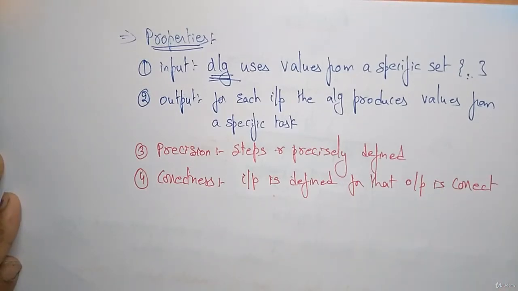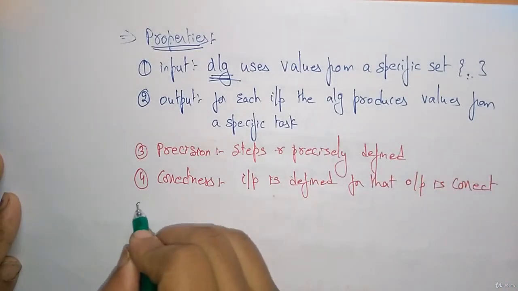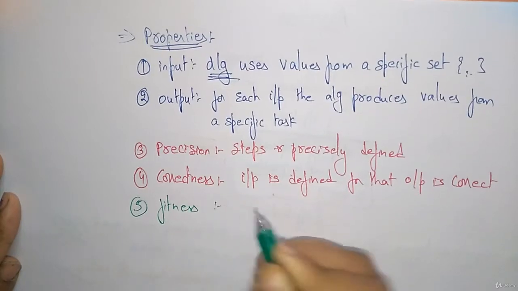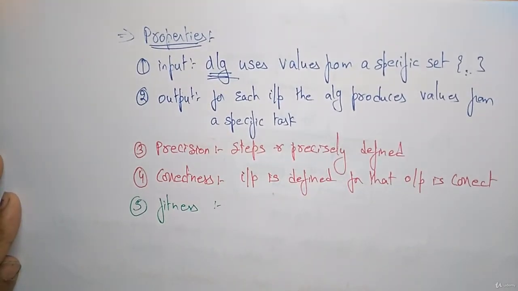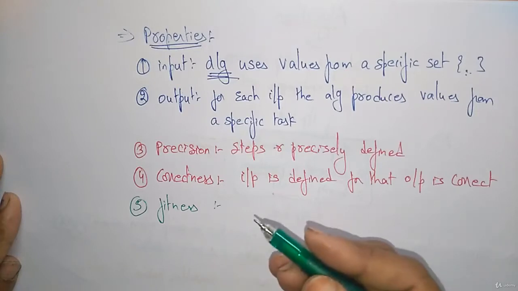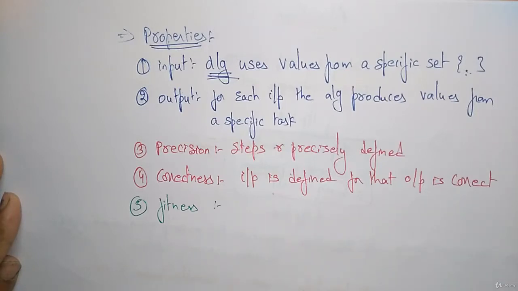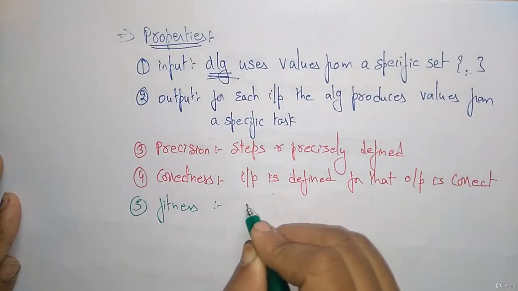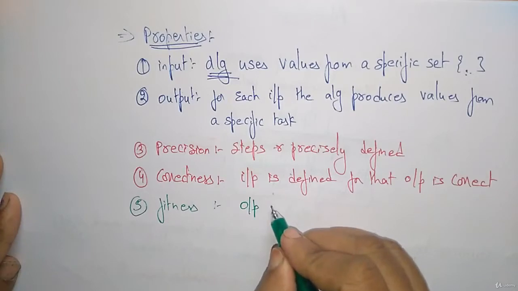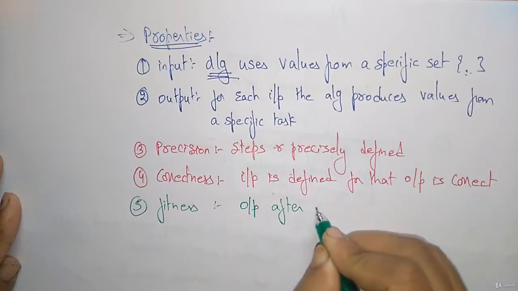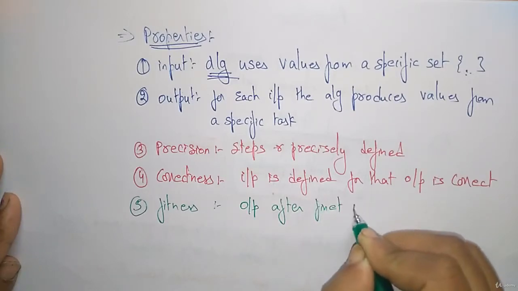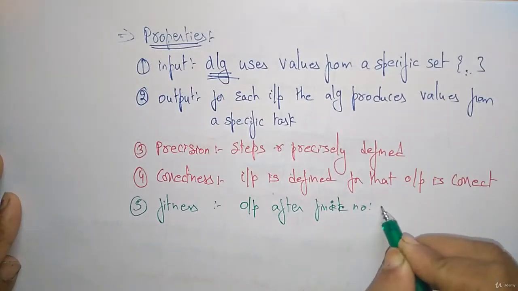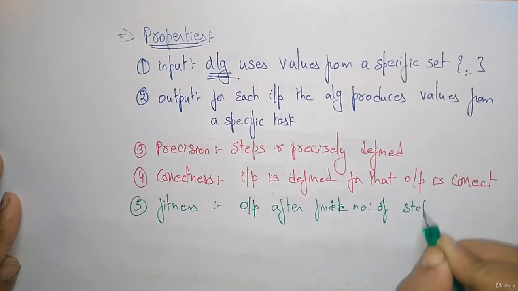Next, the fifth property is finiteness. Here the algorithm produces output after a finite number of steps for each input. Whatever inputs we take, it produces output after a finite number of steps.